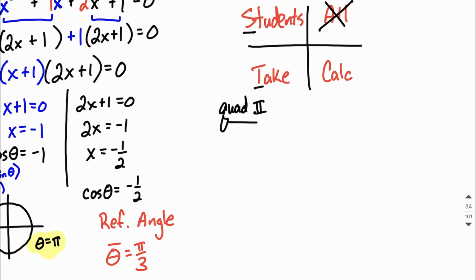Hey, we're looking for when is cosine going to be negative, so let's look for quadrant 3 as well. And then finally, what about that fourth quadrant? Well, fourth quadrant, cosine is positive, but we don't want cosine to be positive, so we don't want that quadrant. All right. Lastly, we actually have to find the angles in quadrant 2 and quadrant 3 using this reference angle.